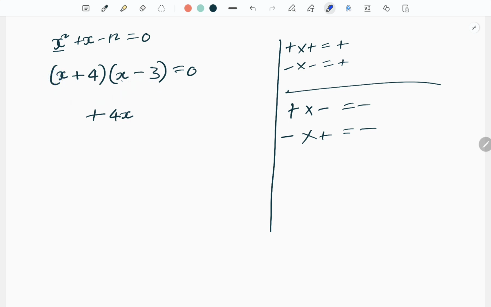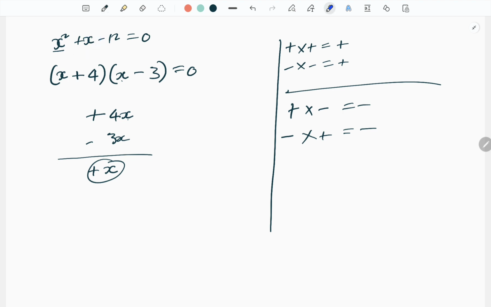And then this positive times this negative. Remember the signs are different, so we get negative, and 3 times x gives 3x. Now we add the terms because 4x and 3x are like terms. So 4x minus 3x gives positive x. Now this is the same as the middle term.